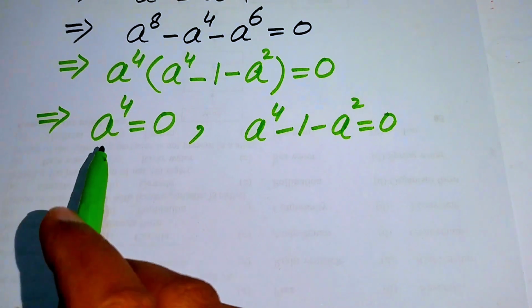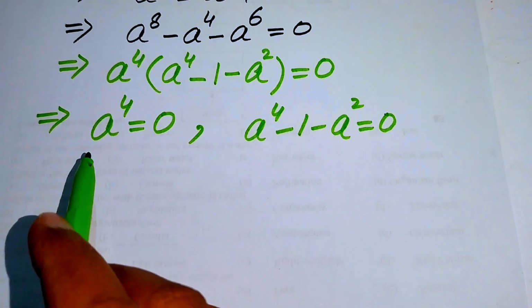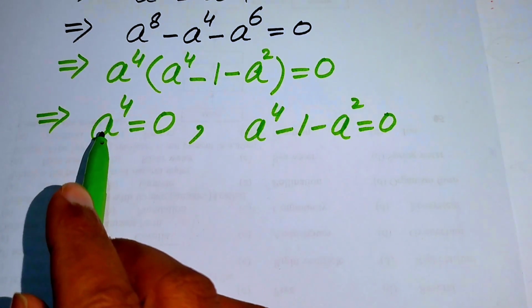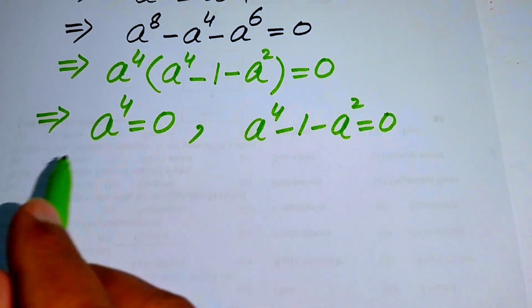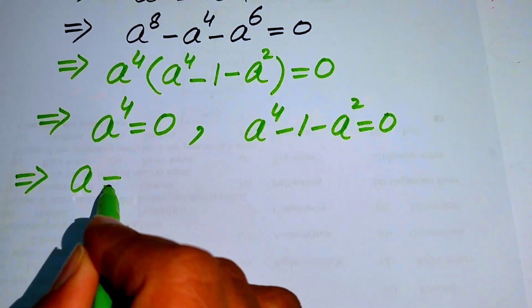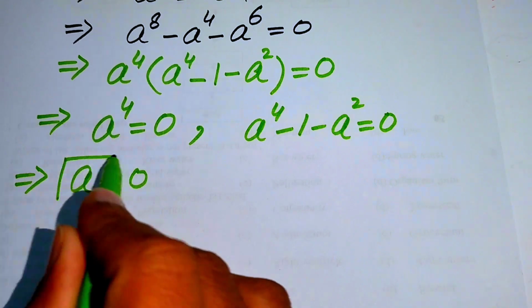In the first case, in order to get the value of a, we take the fourth root on both sides of this equation, so this case implies that a equals 0.